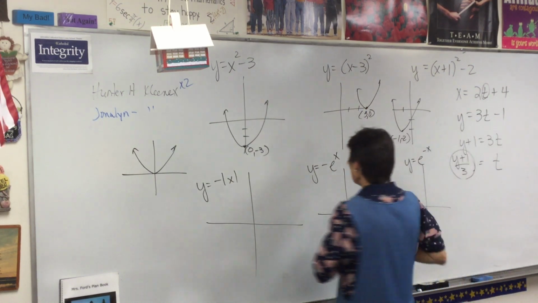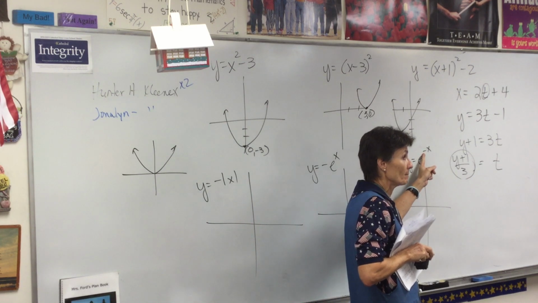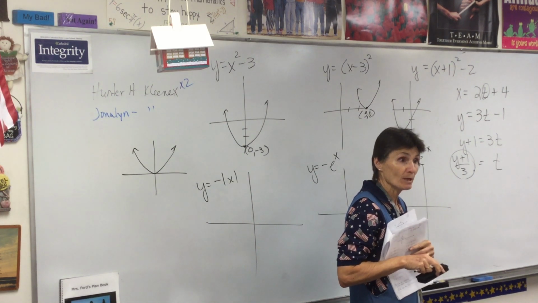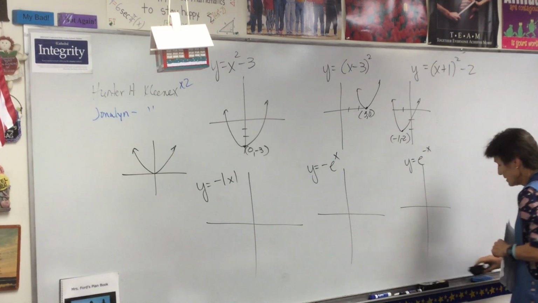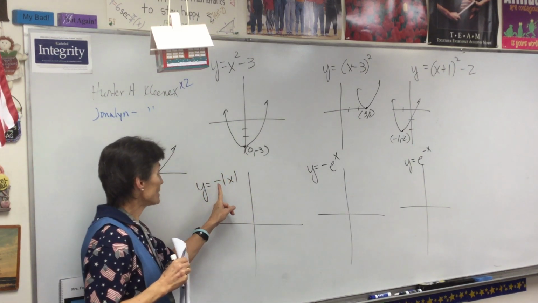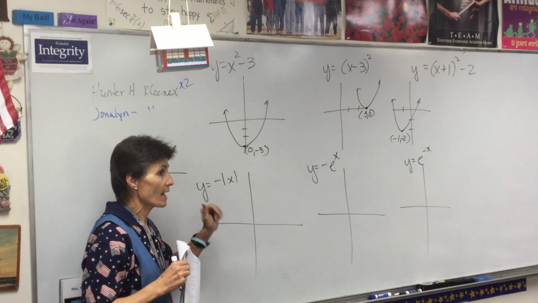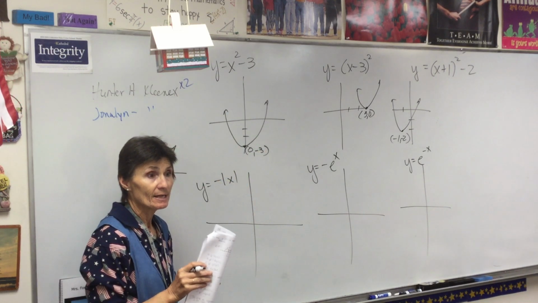You can put negatives outside the problem or inside the problem. And that makes a difference where the negative is. So, this is easy. We talked about this. What does putting a negative outside the problem do? That's right, Gabriella. It turns it upside down.